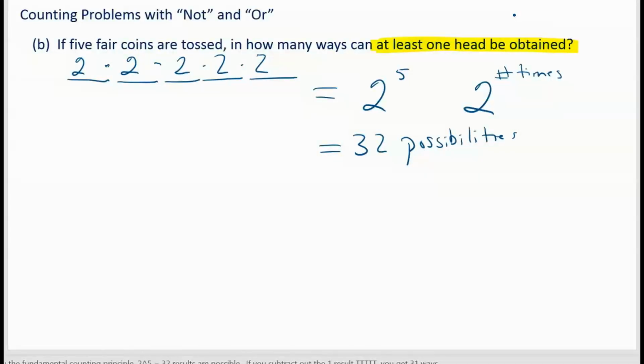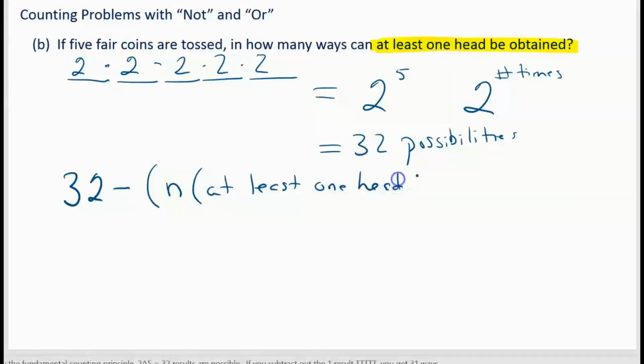What we could do is find out the complement. So if we say 32 minus the complement of at least one head being obtained. So I'm going to do 32 minus the number of at least one head.